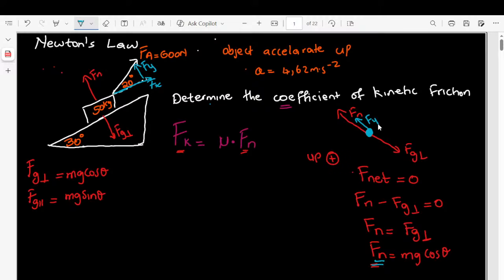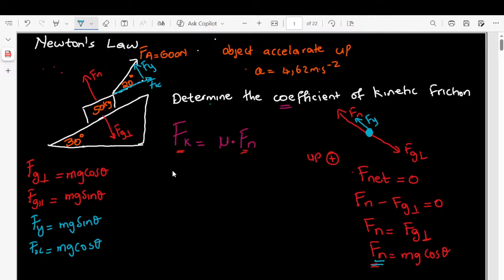Fy is equal to mg sin θ, and Fx is equal to mg cos θ. These are our vertical and our horizontal components.